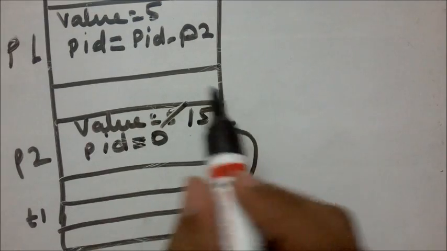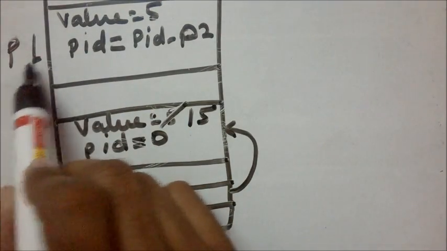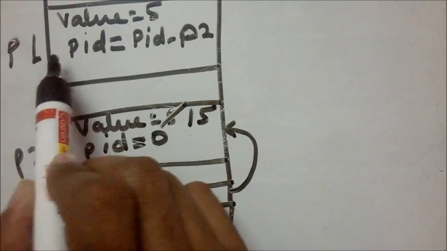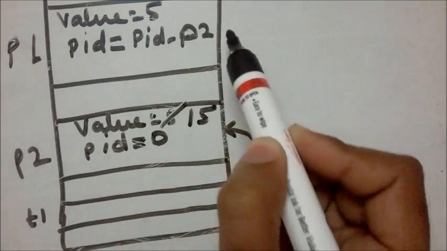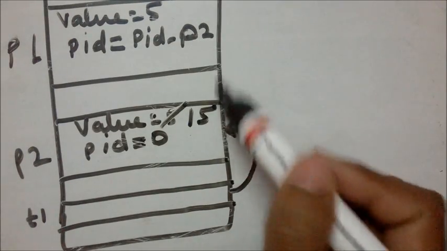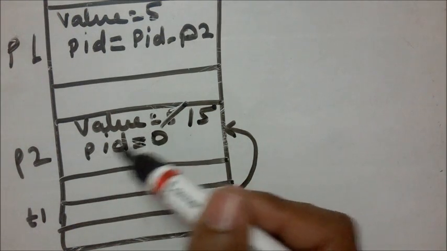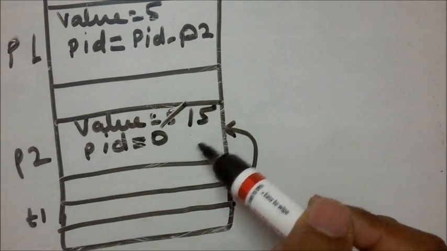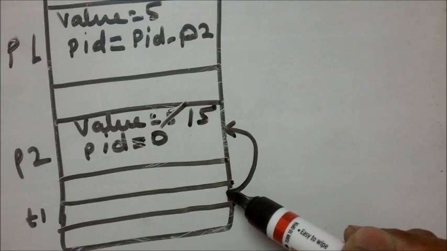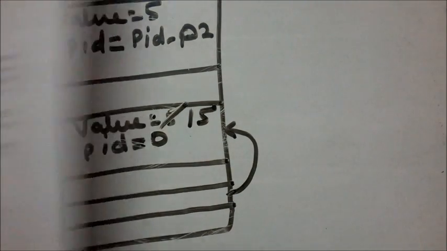The point to note here is that the value of the P1 original process is not changed, because the address spaces of P1 and P2, that is parent and child process, are totally different, and the thread is a part of process P2, that is the child process. So it will reflect all the changes in the child process address space, right?